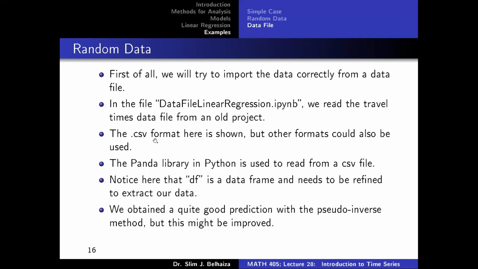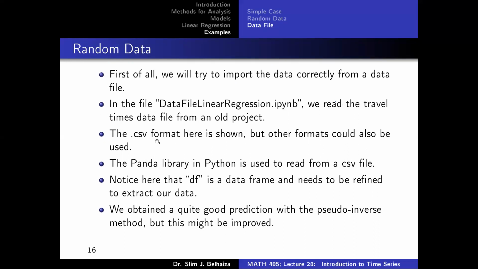The final example we are giving is more elaborate, where we try to import the data correctly from a data file. In the data file linear regression, we used the travel times data file from an old project. The main goal here is to estimate the travel times between points.